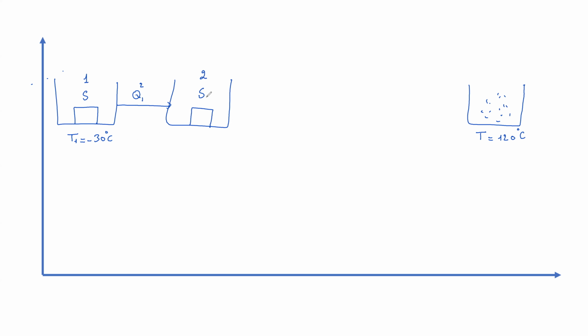We can say we keep the same phase. We have no phase change. The temperature passes from T1 to T2 equals 0 degrees. To this point, we don't have water. We have only a solid cube of ice.